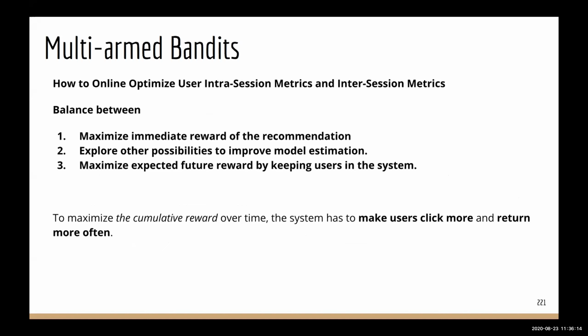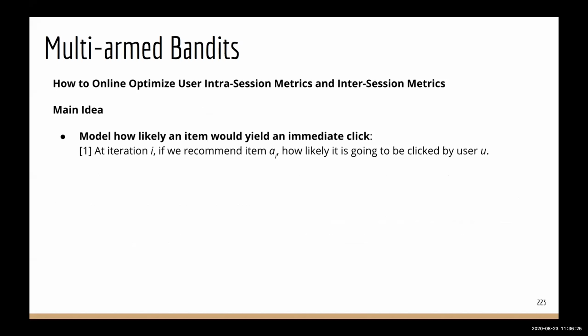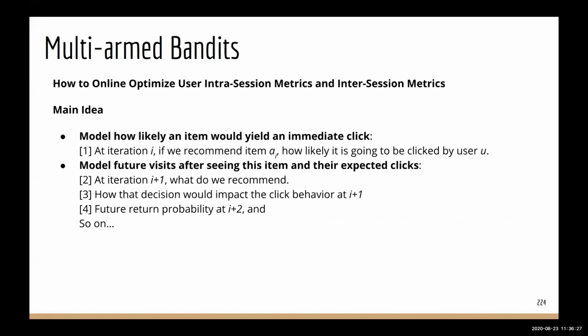We want to make users click more now, but also return later. So it is natural to model two phases. At each iteration, we model how likely the user is to click immediately. Then we model, for all future visits, their expected clicks after seeing this. And then we combine them.